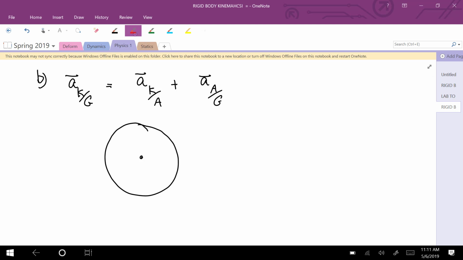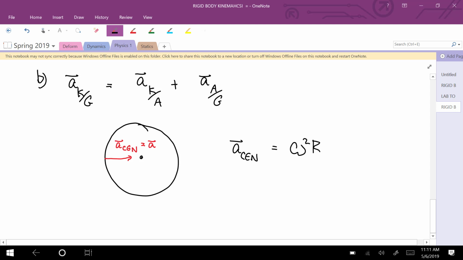There's no tangential acceleration, there's only centripetal acceleration. And the magnitude of the centripetal acceleration is omega squared r. So that's 0.8 squared times 6.